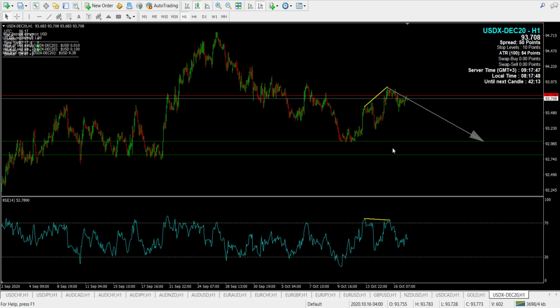So what we have is an RSI divergence and nothing else. So we've literally got one thing to support our view, but we've got something else as well. If you turn to trend lines, we've got this, and we've got this, and it's also a triangle forming, similar to the one on gold.